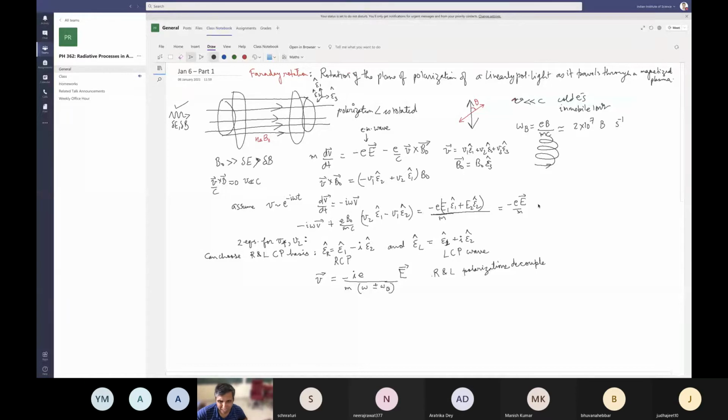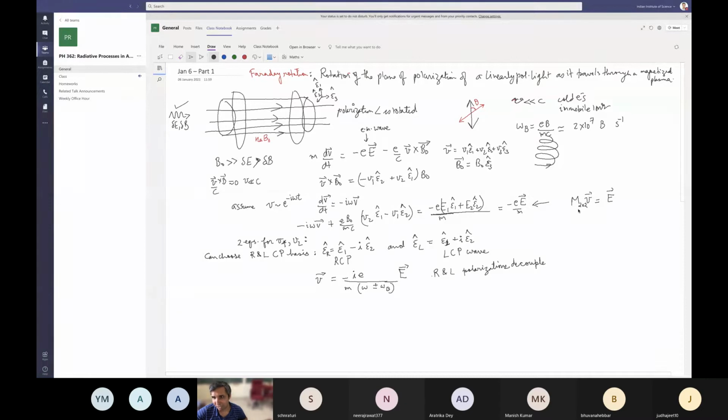What I'm doing here is, I have a matrix equation. It's sort of like m v is equal to some right hand side, and this is a 2 by 2 matrix.